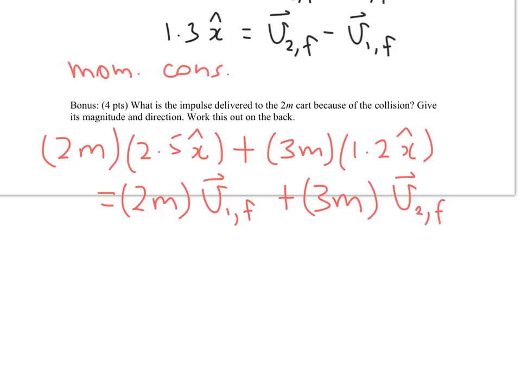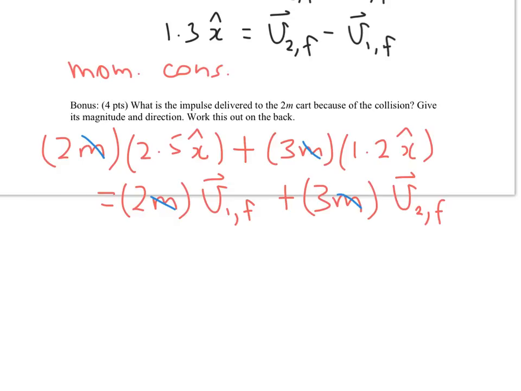And from here, you can divide both sides of the equation by m, and it turns out what the value of m is immaterial. Okay, so let's see.